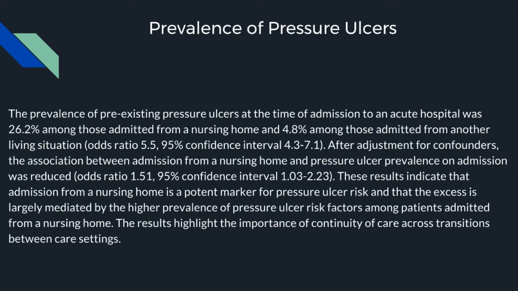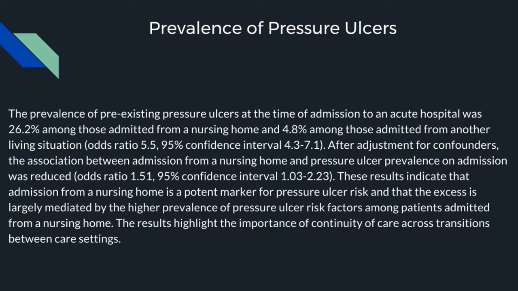The prevalence of pre-existing pressure ulcers at the time of admission to an acute hospital was 26.2% among those admitted from a nursing home and 4.8% among those admitted from another living situation. The odds ratio was 5.5, 95% confidence interval 4.3 to 7.1.